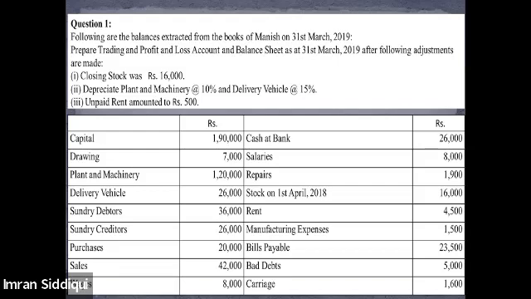Okay. So we'll discuss how we actually treat the adjustment information, or you can also call them adjustment entries. But let's just start with the format of the final account. Let's prepare the format of the trading account, P&L and the balance sheet. And then we'll start dealing with all the items one by one. And we'll discuss how we actually treat the adjustment information given in the question. I hope this is clear, everyone.